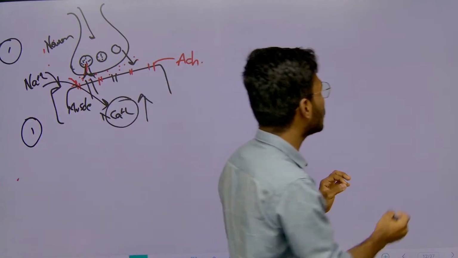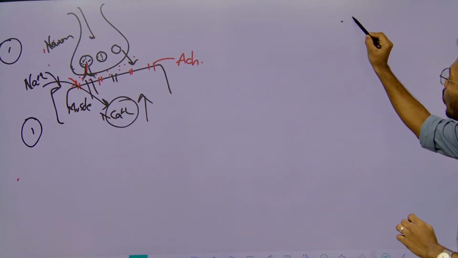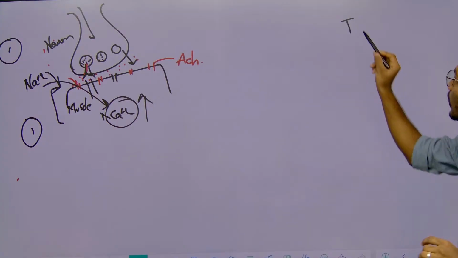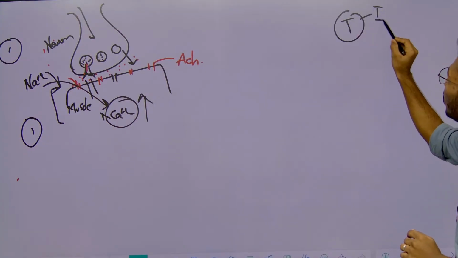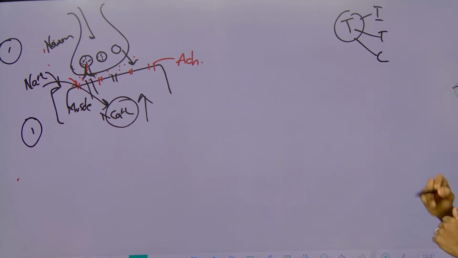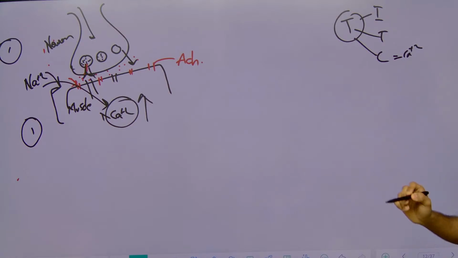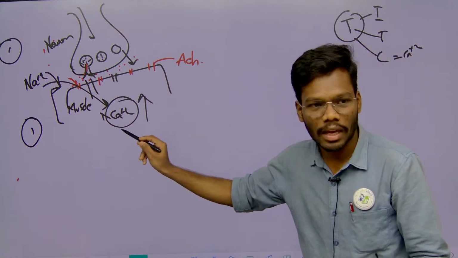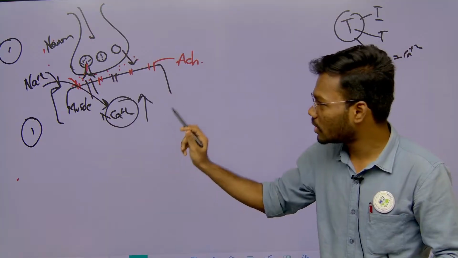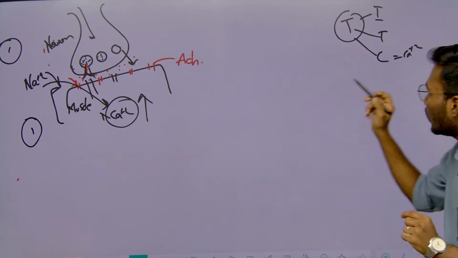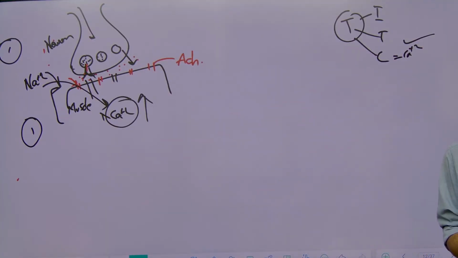We already discussed there is one protein called troponin. It has three subunits: troponin I, troponin T, troponin C. Troponin C is responsible for the attachment of calcium. Whenever there is an increased level of calcium in the muscle, this calcium will go and attach to the troponin C protein.